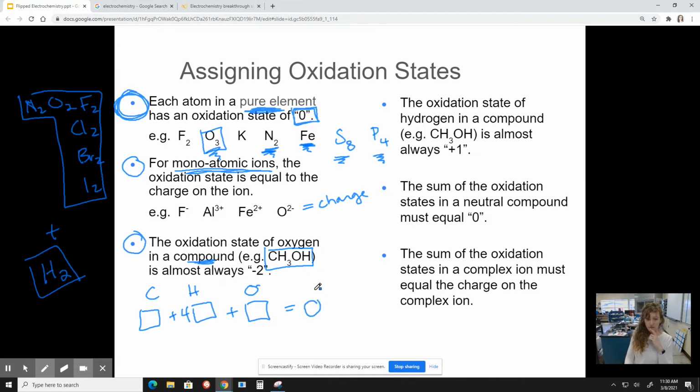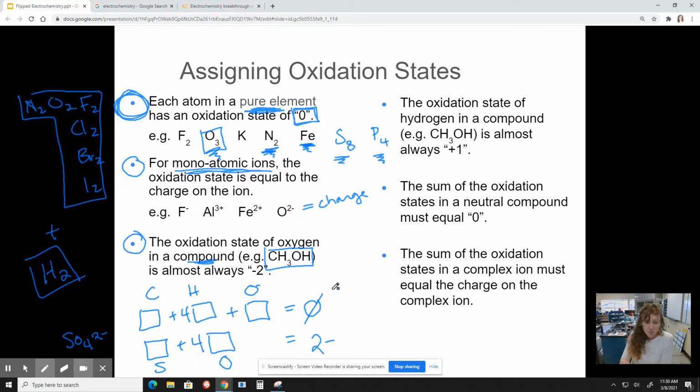So like methanol is a neutral compound. It's going to have an overall oxidation state of 0. Whereas on the other slide, when we were looking at, I think it was sulfate, the sulfur plus the 4 oxygens are going to add up to the charge of the actual molecule, which is a 2 minus.